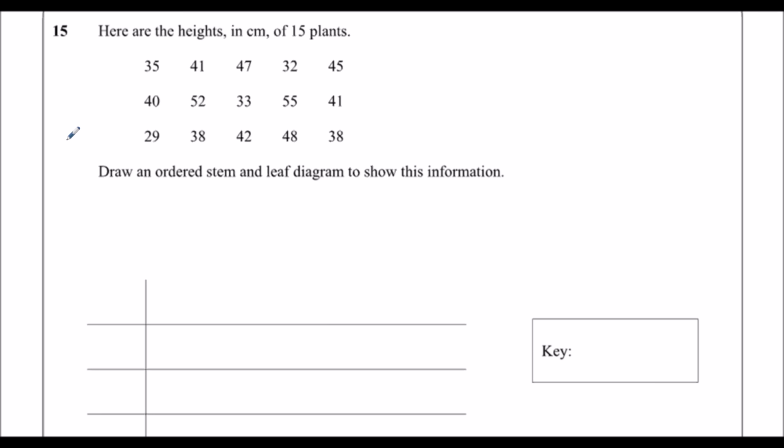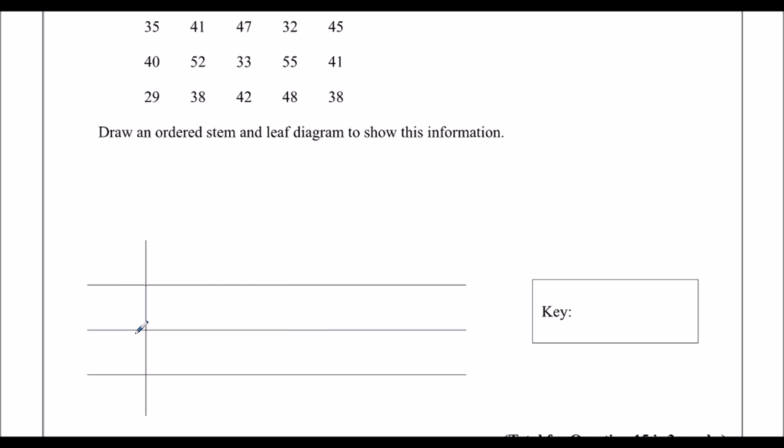Question 15. Here are the heights in centimeters of 15 plants. So we need to draw an ordered stem and leaf diagram to show this information. So in a stem and leaf diagram, in our stems, we're going to have the tens. So we've got 20s, 30s, 40s, and 50s.